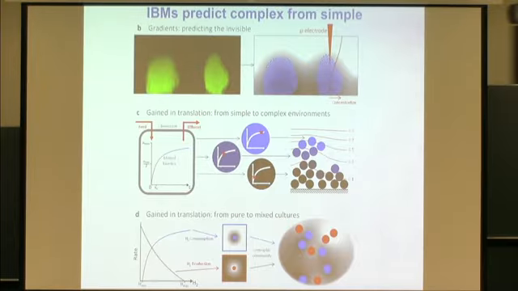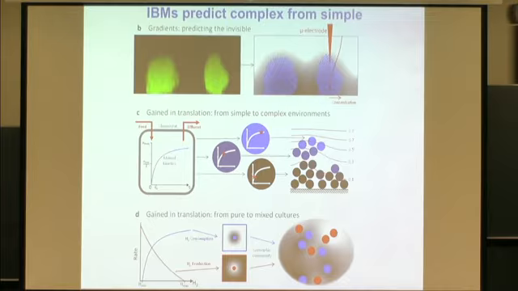So you can basically use a model to predict what would happen in a biofilm based on data in a chemostat. If you really understand the dependence of the growth of the organism on substrate concentration, you should be able to predict what happens in the biofilm. If that prediction fails, then you know that you are missing some information that is important.